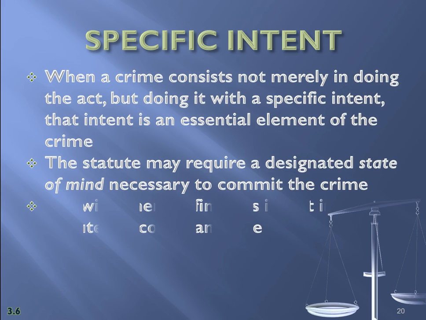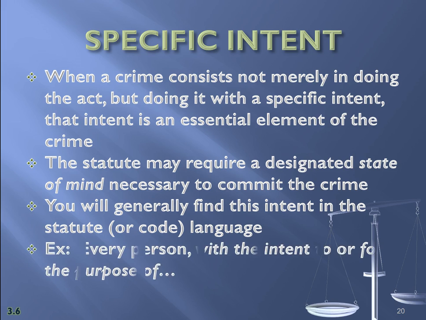Now, specific intent. When a crime consists not merely in doing the act, but doing it with specific intent, the existence of that intent is an essential element of the crime. The existence of criminal intent is not presumed from the commission of the act, but the specific intent must be proven as an independent factor.